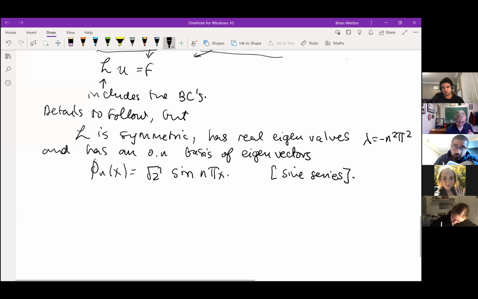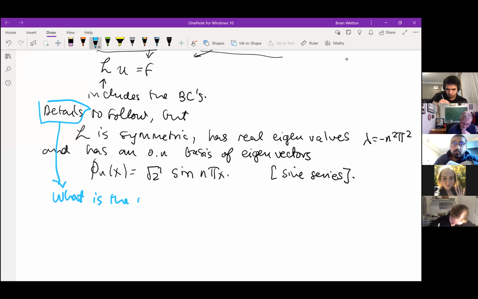Okay, so the main detail, which hopefully I've warmed you up on, is what is the inner product? Because I'm going to check whether this thing really is symmetric using the inner product. Can I take L from one side of the inner product and move it onto the other side, right?